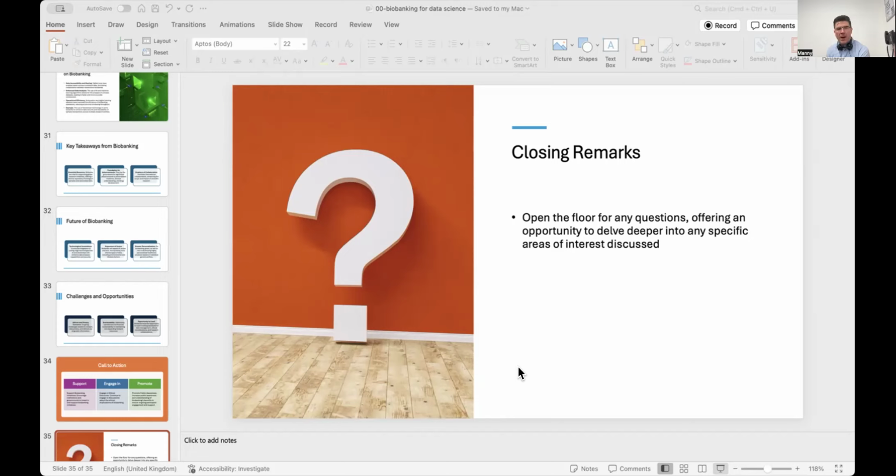Why do we need biobanks? Because they allow sufficient data quantity in order to find statistically significant relationships.